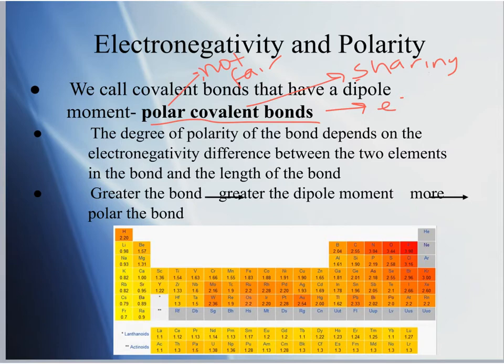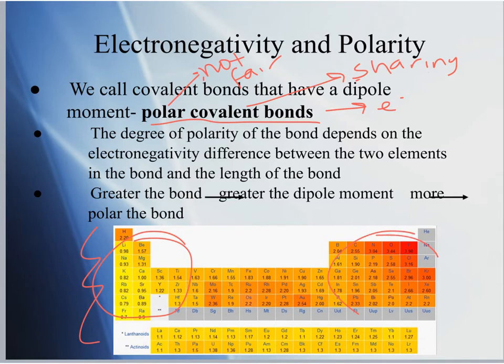So the degree of polarity of a bond is going to depend on the difference in electronegativity between the two elements. So here, this big chart is a chart of electronegativity values for every single element. You can see over here on the very left-hand side, these are metals, and they have very low numbers compared to the right-hand side, which are all non-metals.